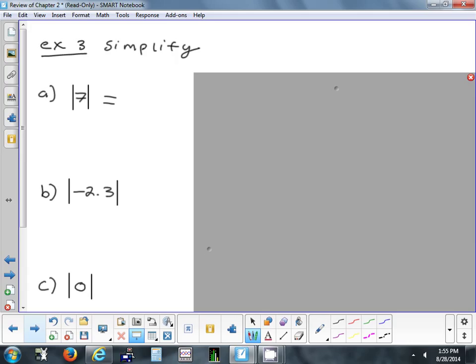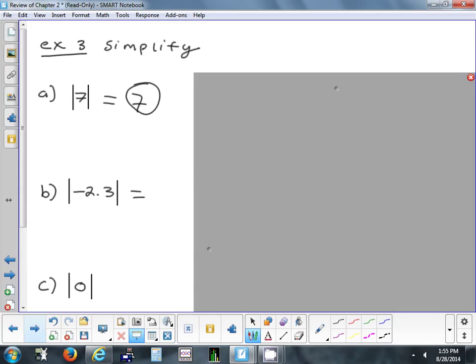What is the absolute value of 7? Since Sam gave us our definition, we'll let you go. The absolute value of 7 is 7. How about the absolute value of negative 2.3?